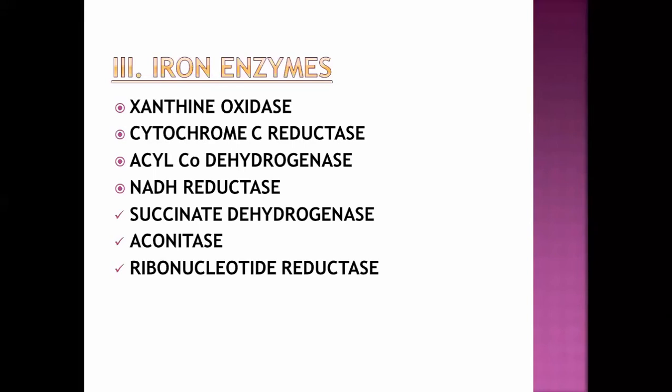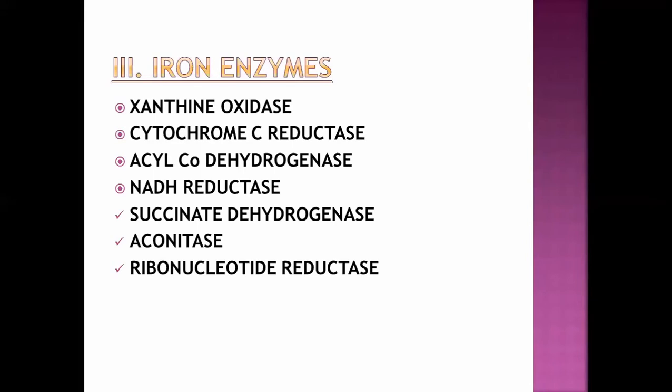First four enzymes are the commonly major enzymes dependent. Minor enzymes, these are the three tick-line enzymes: succinate dehydrogenase, aconitase, and ribonucleotide reductase. These seven enzymes depend upon the iron as a coenzyme or cofactor.